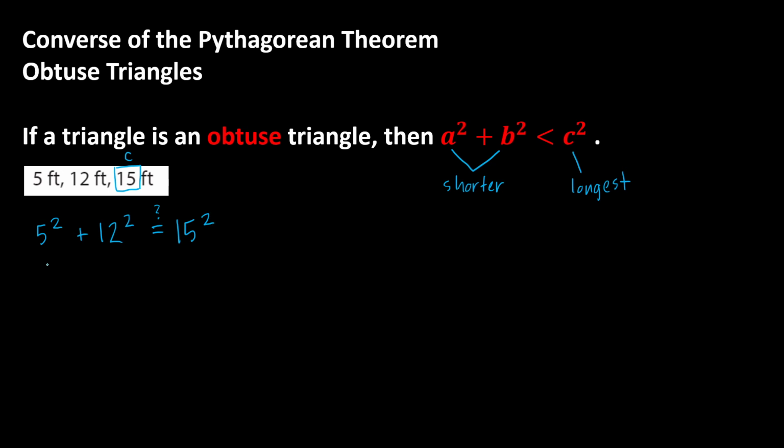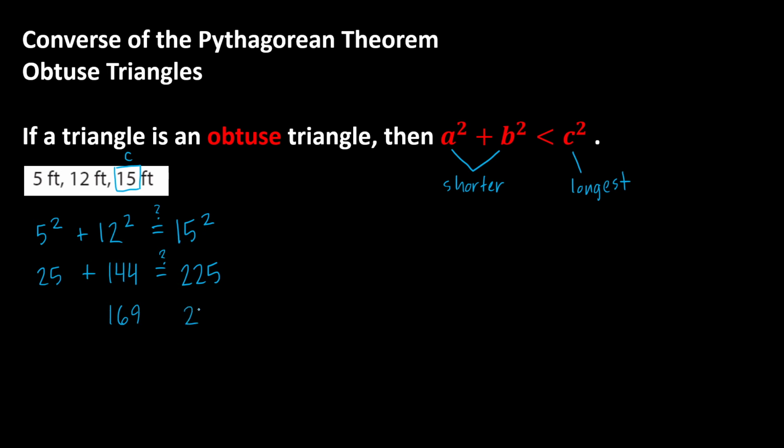Order of operations says exponents go first. 5 squared is 25. 12 squared is 144. And it's possibly equal to 15 squared, which is 225. Adding the terms on the left side, 25 plus 144 is 169.